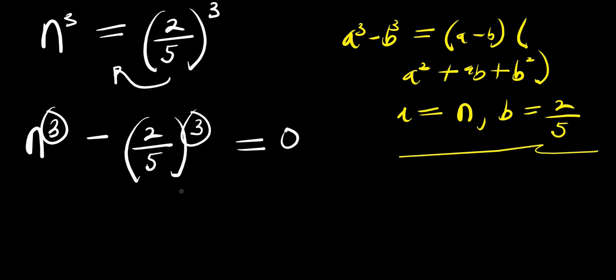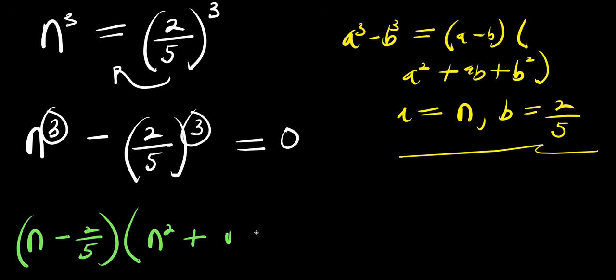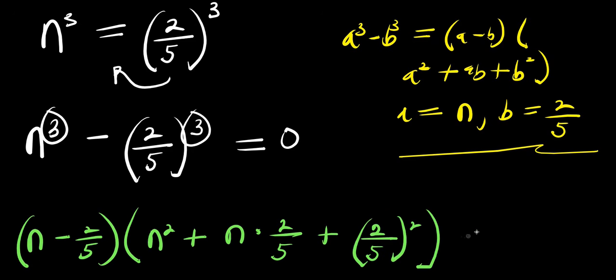So let's apply this right here. We have a minus b, that is n minus 2 over 5, times n squared plus n times 2 over 5 plus b squared, 2 over 5 to the power of 2, and this equals 0.